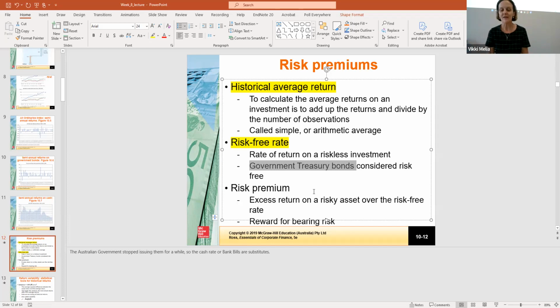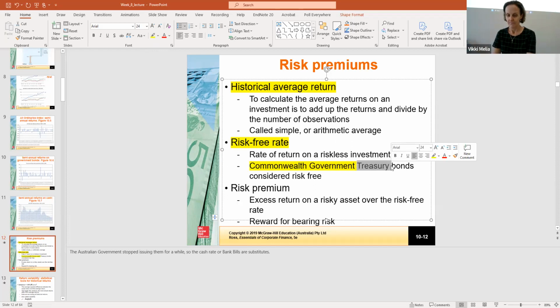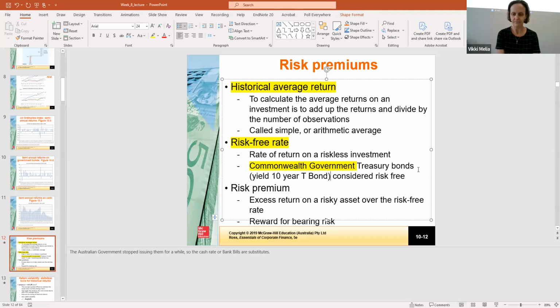And usually for the ones that we use as our risk-free asset, we should add that they're Commonwealth government, because in Australia we have 3 levels of government. The Commonwealth government bonds are considered to be the Treasury bonds, and we use the yield on a 10-year Treasury bond.